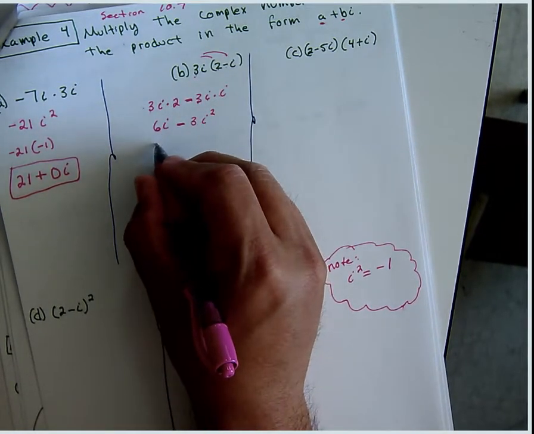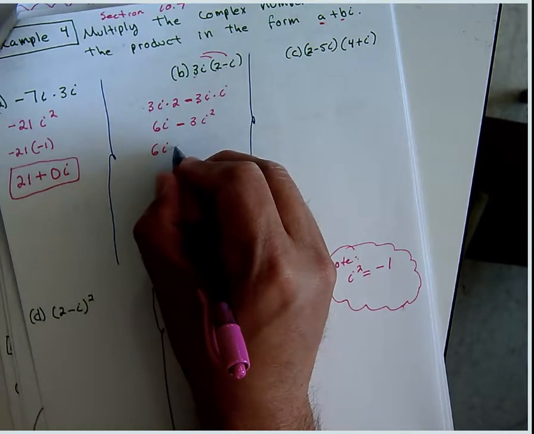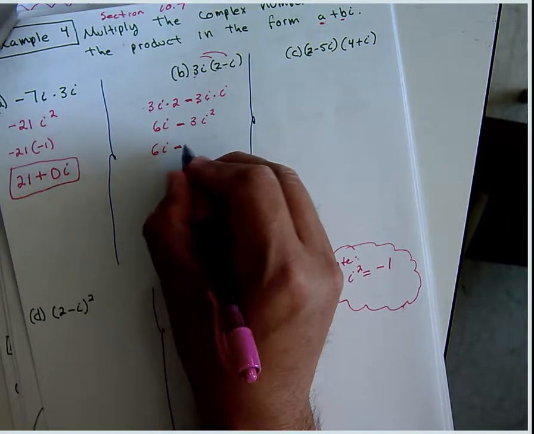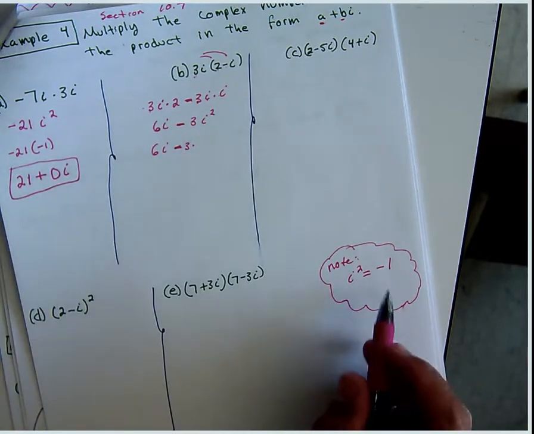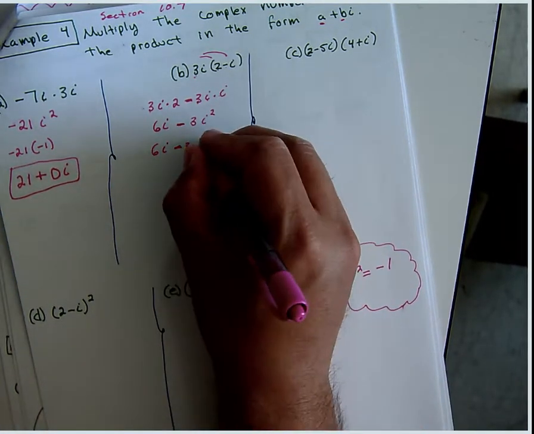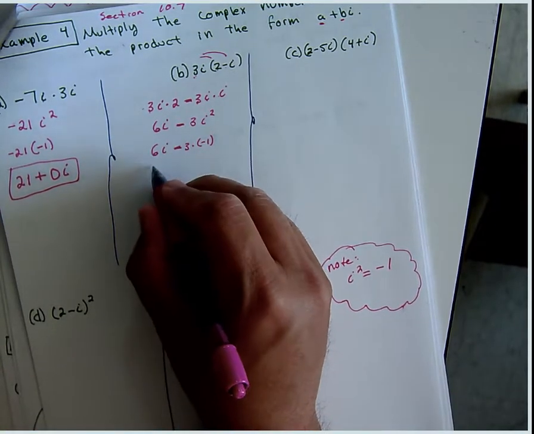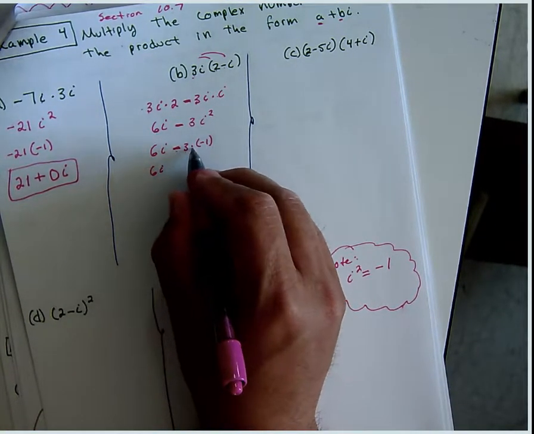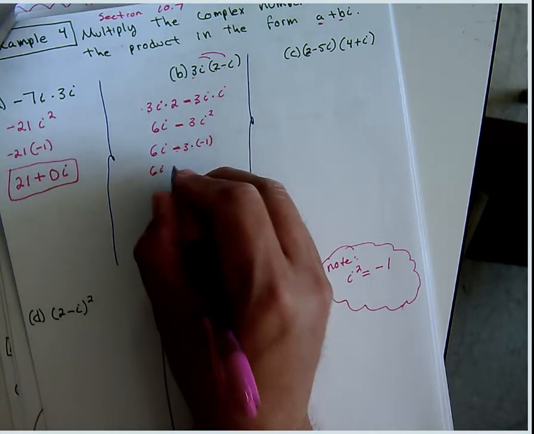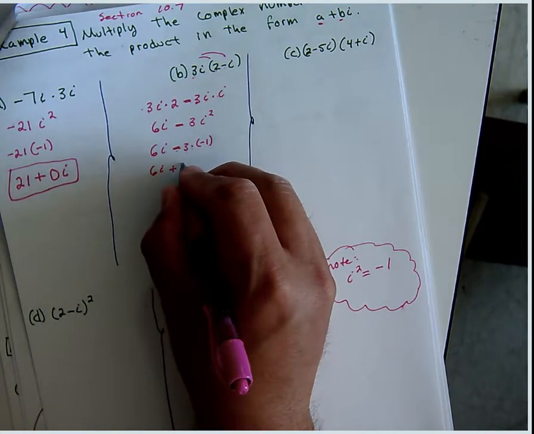So this becomes 6i minus 3 times, remember i squared is equal to negative 1, so negative 1 in parentheses. So again, you have 6i, negative 3 times negative 1 would give you positive 3.